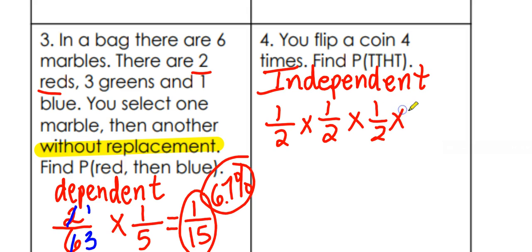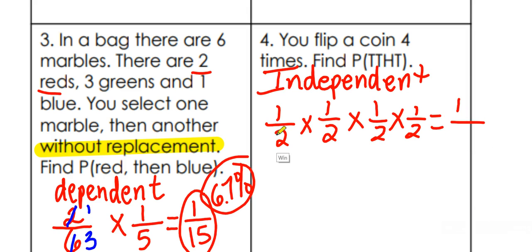And then for my last one, I have a 1 out of 2 chance. So I'm going to multiply all these together. If I multiply 1 times itself 4 times, we get 1.